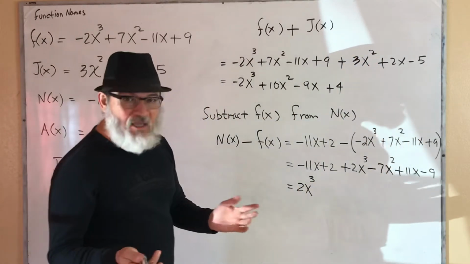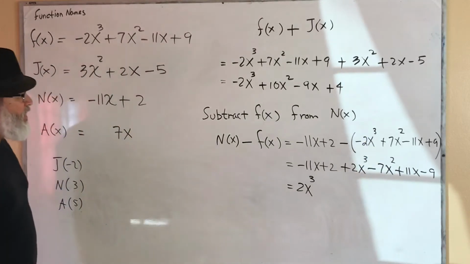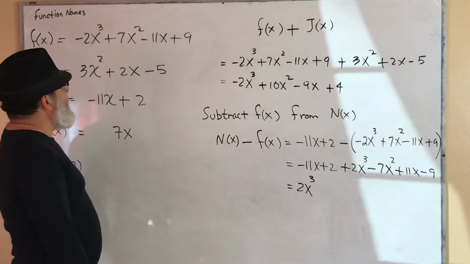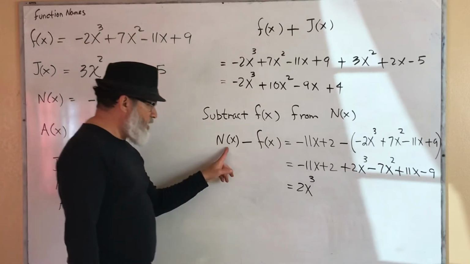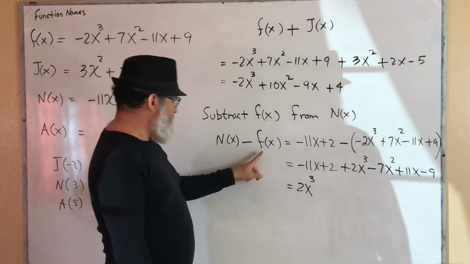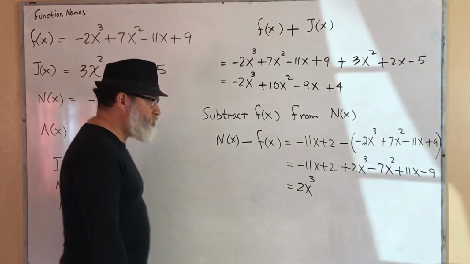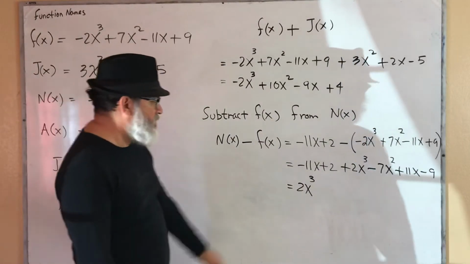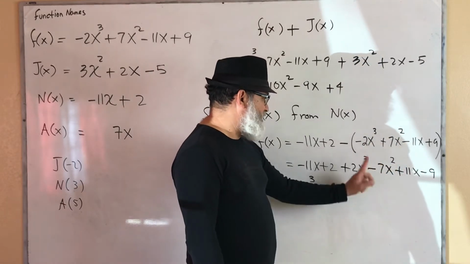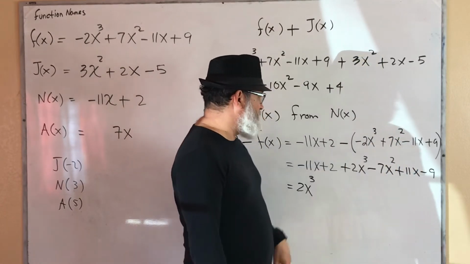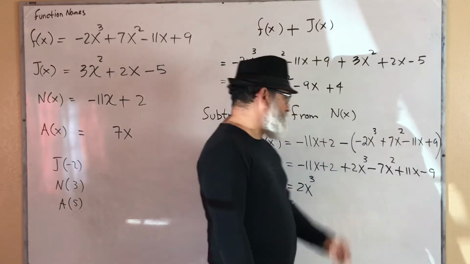No one said anything. Should have said something. Okay, here's Norma and here's Frank. I got it now. Everything else is fine. This became positive, this became negative and it's power of 2, this became positive, and this became negative.